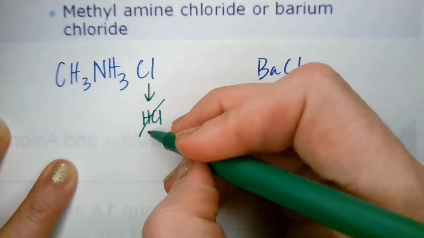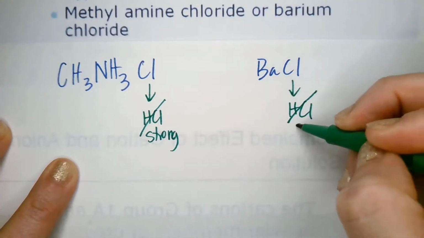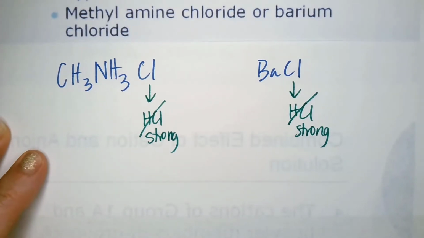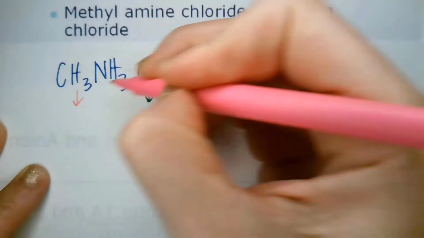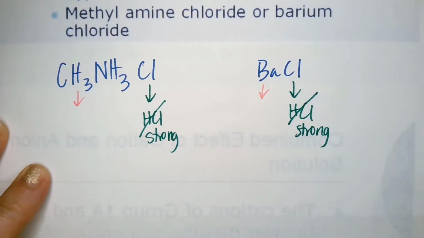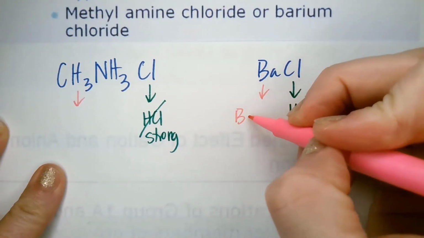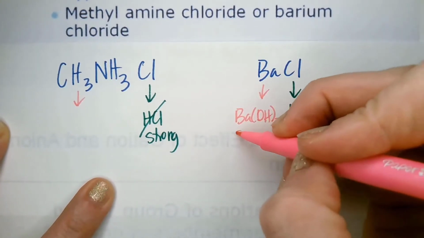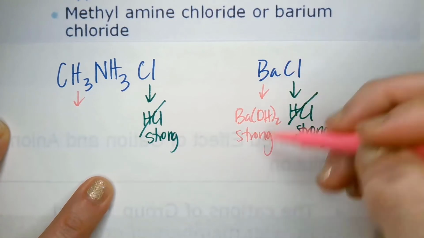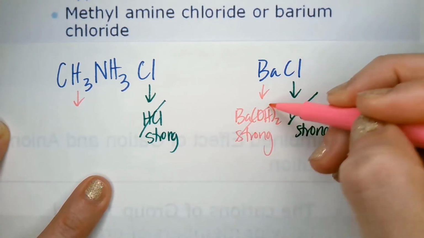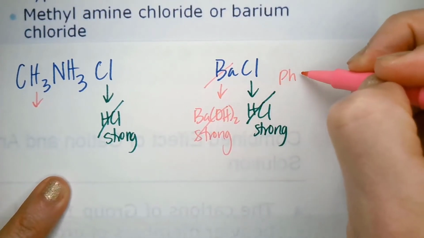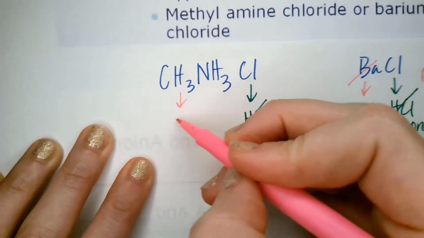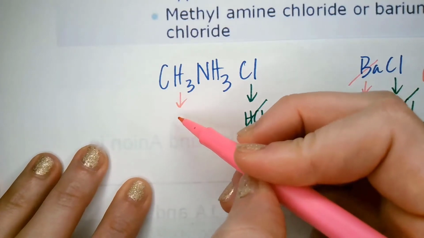So it's not going to change the pH at all. I'll just write strong, strong. All right, now let's look at the parent base. So for barium, the parent base would be Ba(OH)2, which is strong. So again, it won't affect the pH, we'll have a pH of 7.